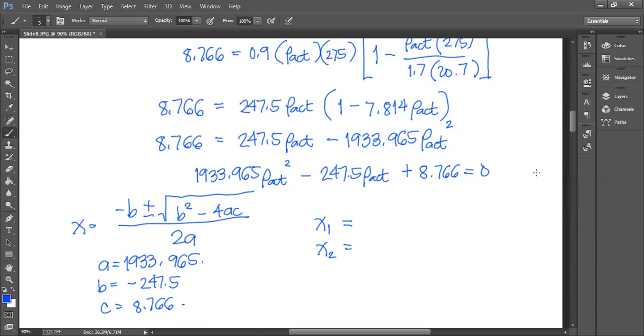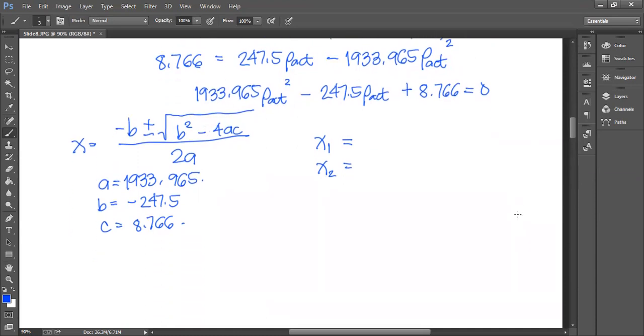Ayun nga. So, nagma-math error. So, may imaginary doon sa equation natin, since yung minus 4ac is higher than b squared.